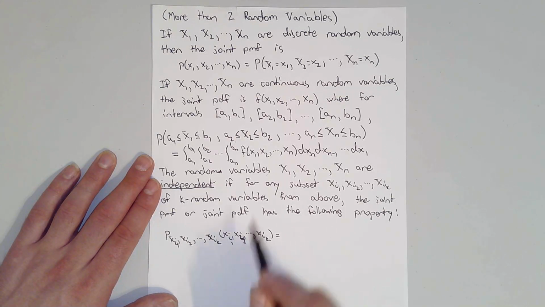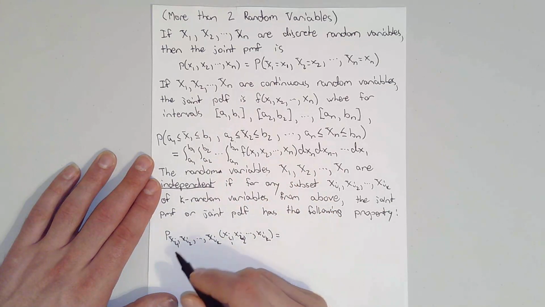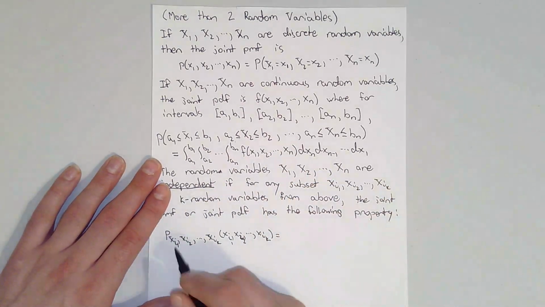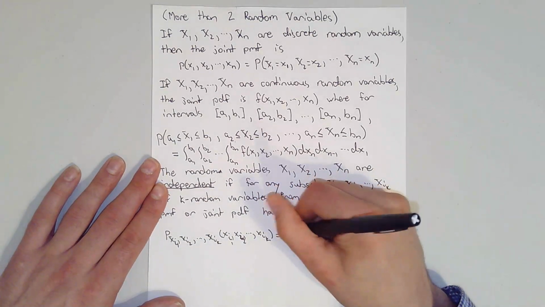Okay, so it looks just like above here, but in this case it's such a function for these k random variables. And such a function needs to have this property.